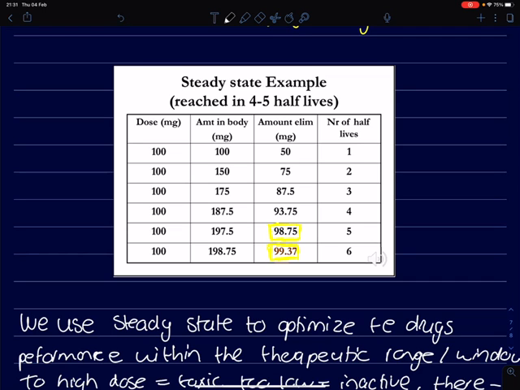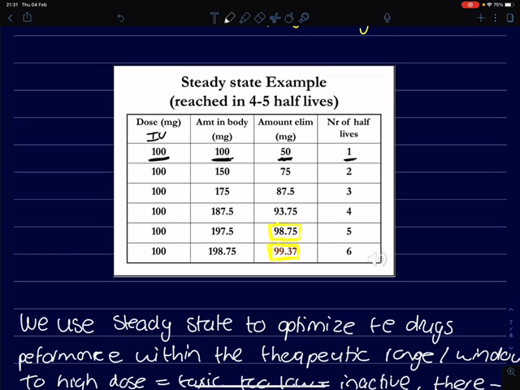You give a patient 100 milligrams of, let's say, morphine, and 100 milligrams reaches the body. This means it's an IV, because the bioavailability is 100%. Then after one half-life, which is when the drug concentration decreases by 50%, 50 milligrams of the drug is available in the body.